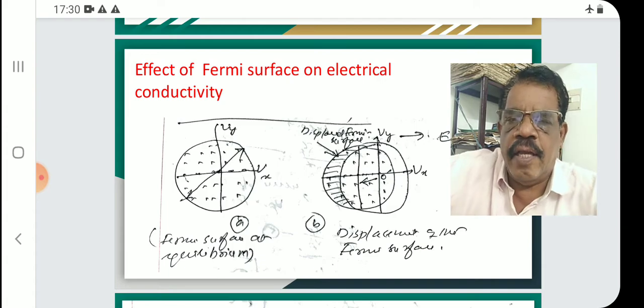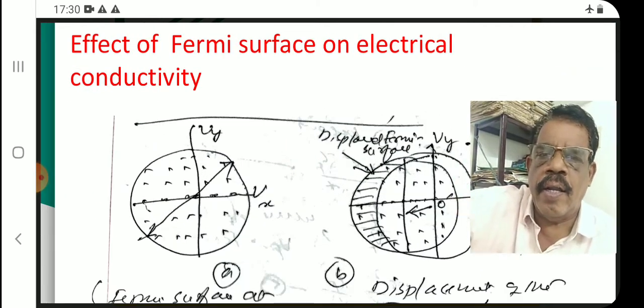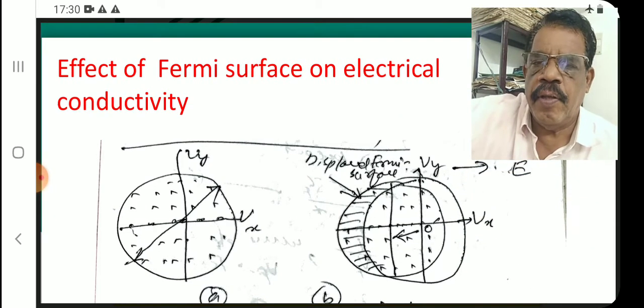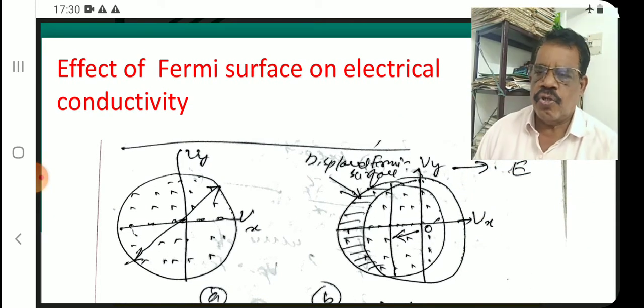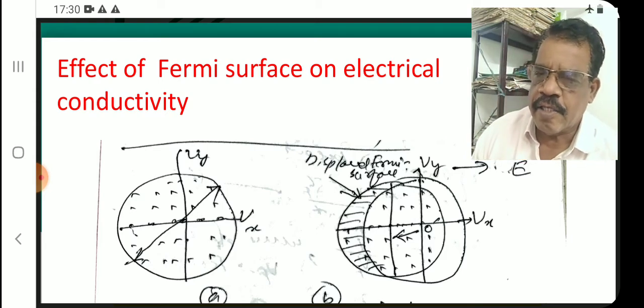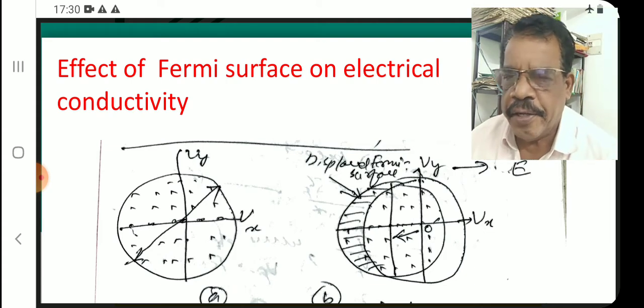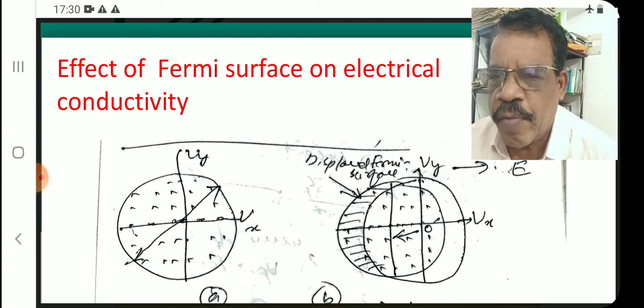So to understand the effect of Fermi surface on electrical conductivity, you have to see the figure. Figure one shows a normal Fermi surface, and there the K space, the velocity space, is represented. The electrons are enclosed in a sphere, the Fermi sphere.